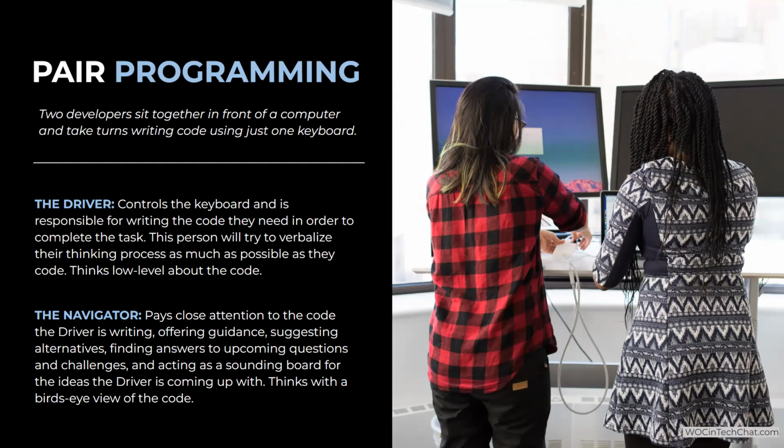So basically, the control of the car is in your hands. You are the one responsible for where it is going, whereas the person sitting next to you is constantly giving you feedback, like take this route or take that route. So the driver controls the keyboard and is responsible for writing the code. The important thing is that the driver should try to verbalize their thinking process as much as possible.